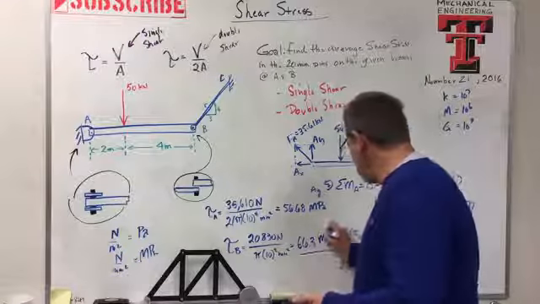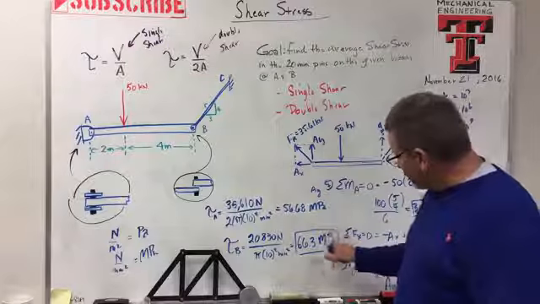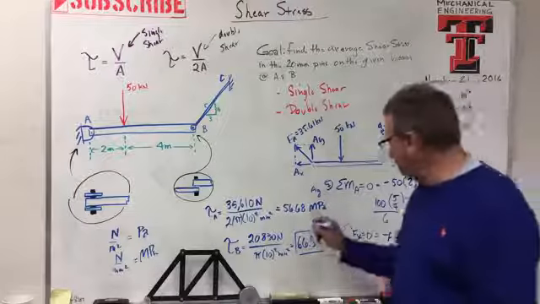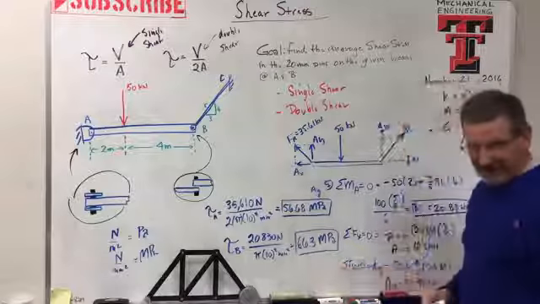Okay, so there is what's going on. That's the shear stress at point B. That's the stress it feels from trying to tear it in half. This is the shear stress at point A, okay?